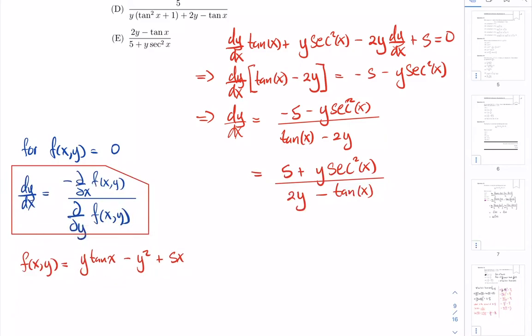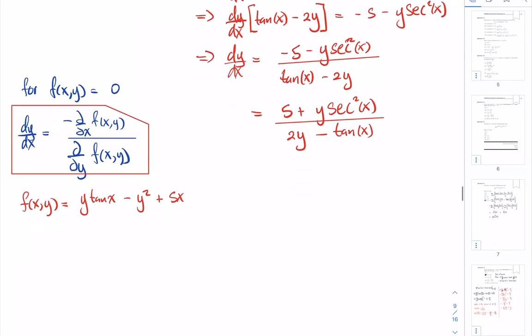So now let's go. The partial derivative with respect to x of f of xy here is equal to y times secant squared of x, well, actually, we're going to have a plus here, 5.